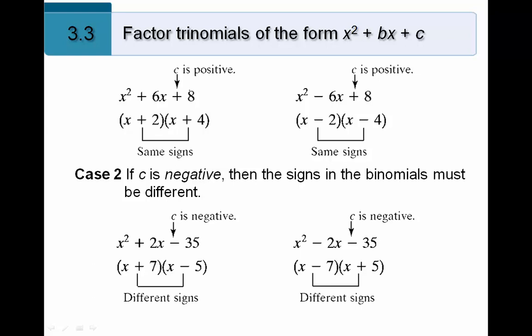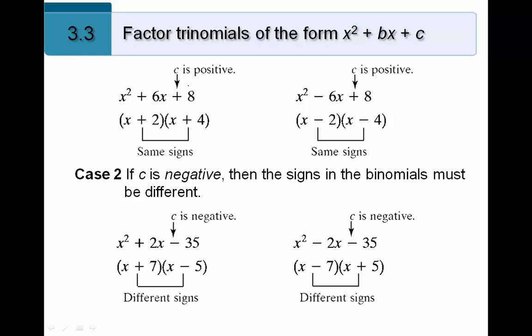And notice when you factor it, it's going to factor back to x plus 2 multiplied by x plus 4. So in Unit 2, we multiplied x plus 2 times x plus 4 and got x squared plus 6x plus 8. And notice when we factor that, c, or the 8 in this case, is positive.